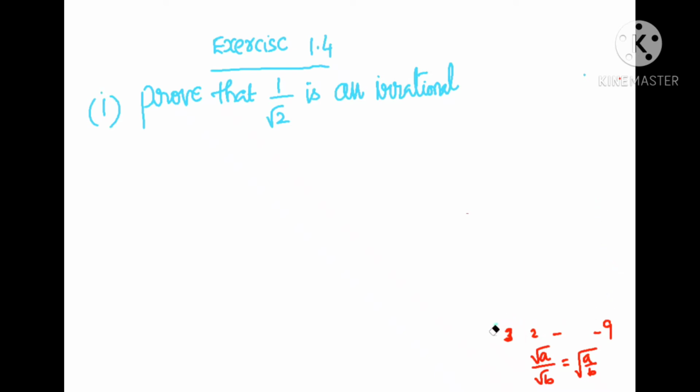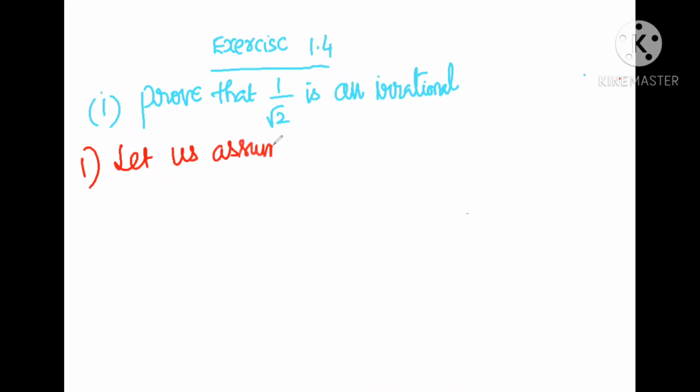At first, what we have to take, let us assume that the given statement is wrong, false. 1 by root 2 is not an irrational.